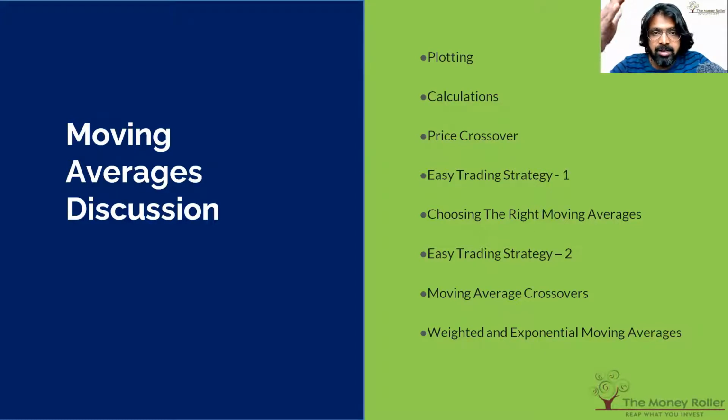Just like you have primary, intermediate, and short term trend, in the same way you can choose a long moving average like 100 or 200 days. Then you choose an intermediate moving average like 40 or 60 days. And then a short term moving average like 10 or 25 days, right? And then you see how they are playing with each other, and which trend is going in which direction.